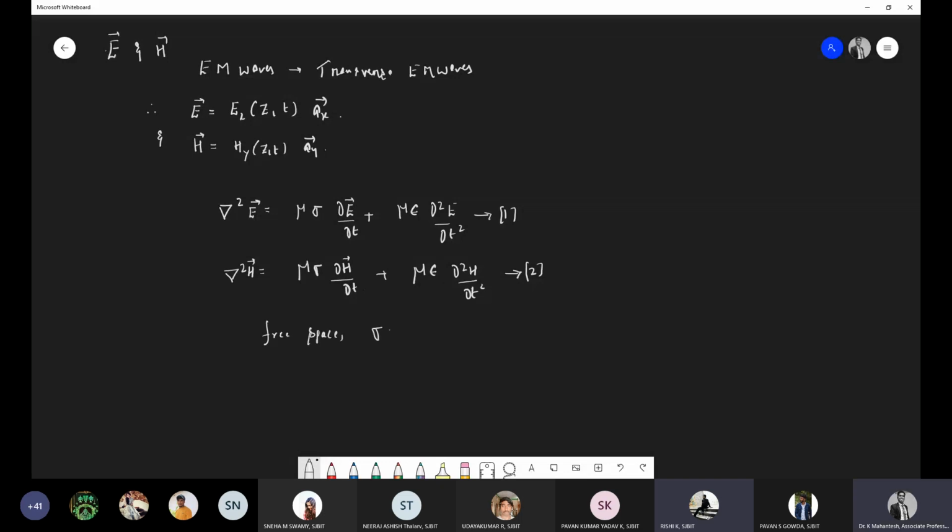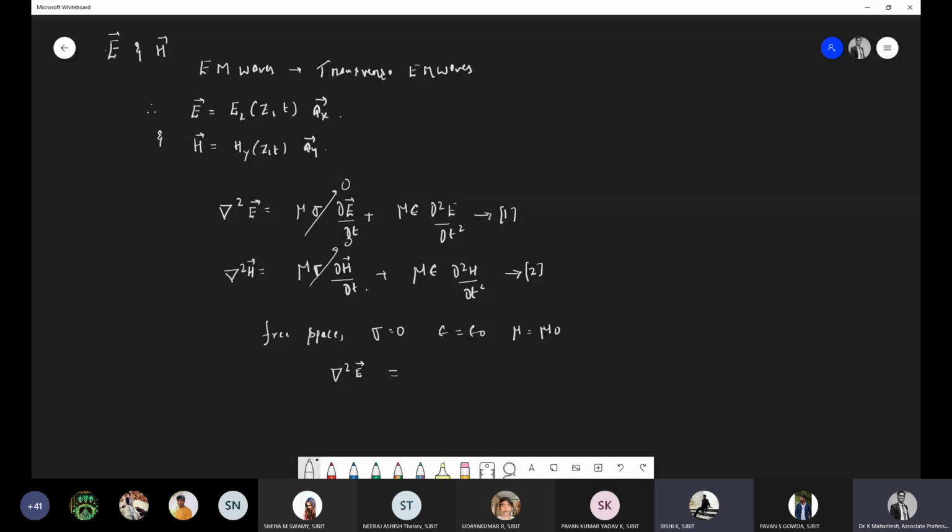So in this situation, sigma is equal to 0, epsilon is equal to epsilon naught, mu is equal to mu naught. Therefore, equations 1 and 2 can be rewritten as, del square E, now it will be left with only second order derivatives.